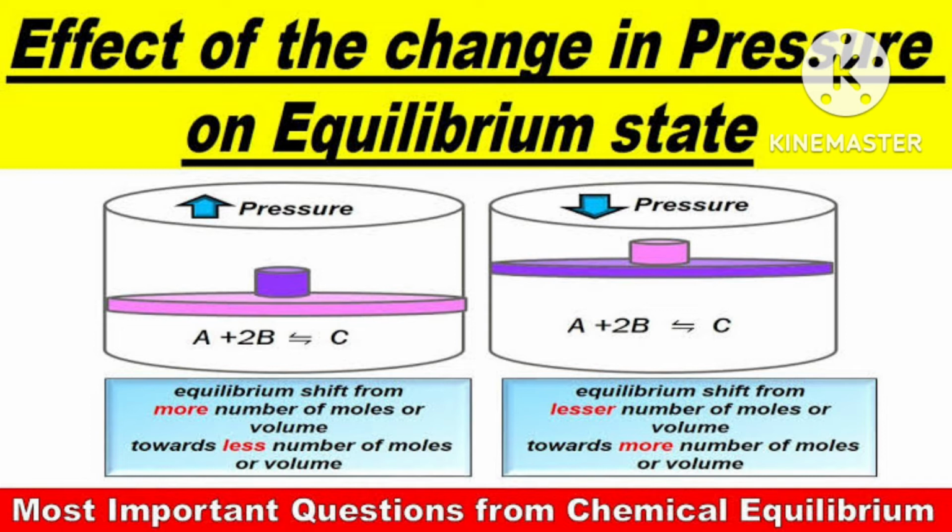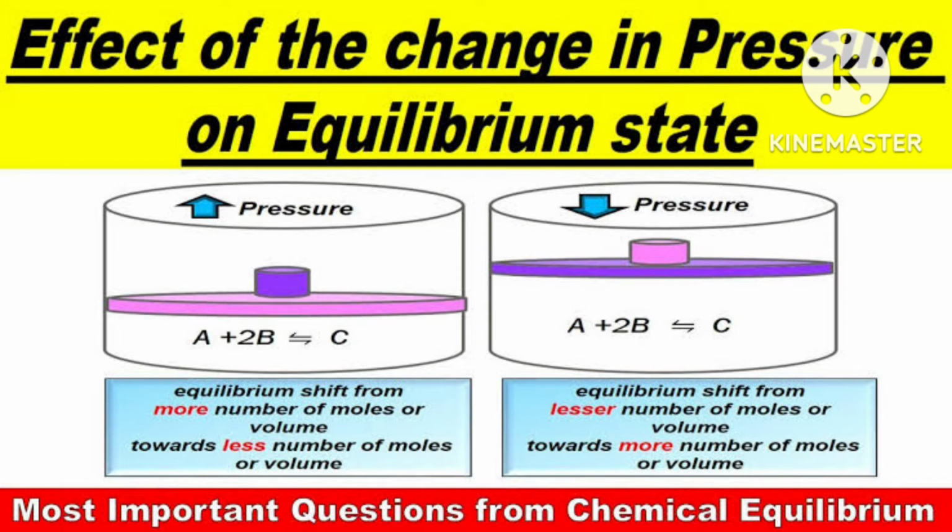Already heat is coming out and you are increasing the temperature, so it will have a reverse effect. It is not helping the reaction where delta H is negative. It will have an adverse effect.